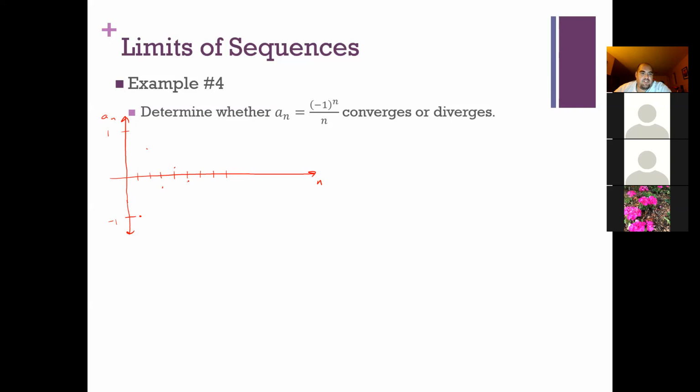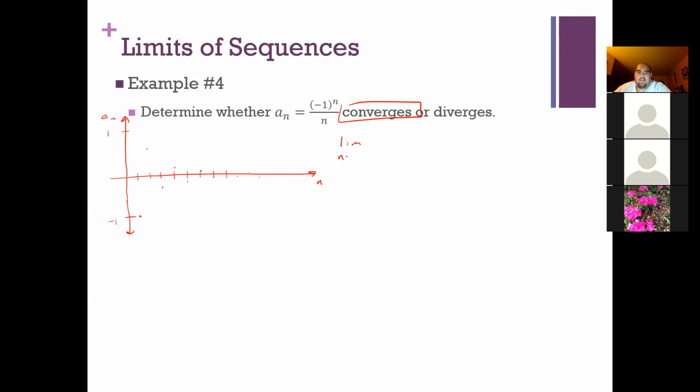So my terms are alternating in sign, but what are they doing as n gets really big? It's going to 0. So this one actually converges.